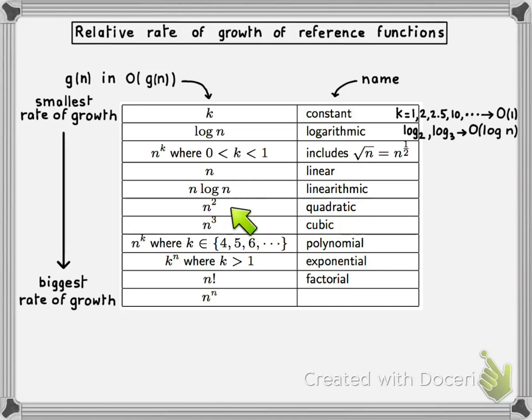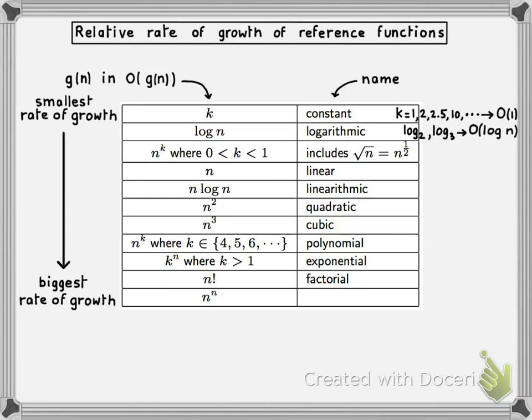So the only difference is the second term in the multiplication, and we have 1 here, log n here, and n here. So since log n grows faster than 1, the constant function, and log n grows slower than n, as we argued before, then n times 1 doesn't go as fast as n times log n, and n times log n doesn't go as fast as n times n or n squared. So the rest of the table should be familiar to you already.